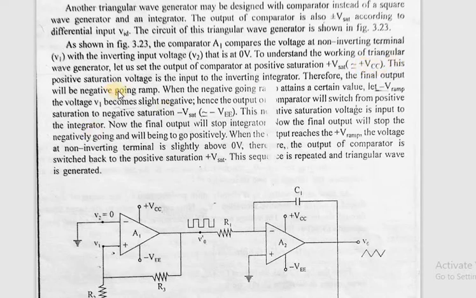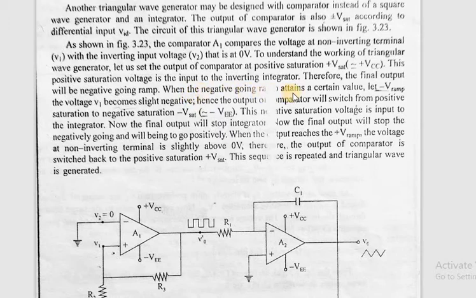This positive saturation voltage is the input to the inverting integrator. See here, the input is being fed into the inverting end, so this is an inverting integrator. So the final output will be a negative going ramp. It is obvious: if the input is positive going, then the output will be a negative going ramp.